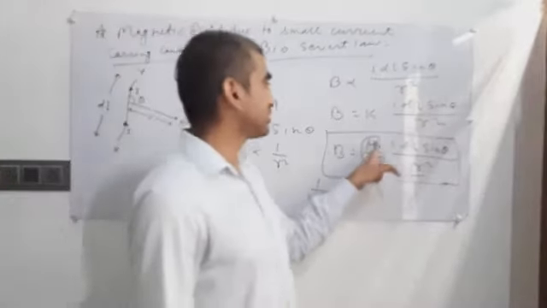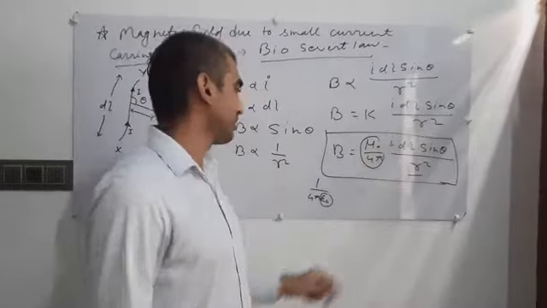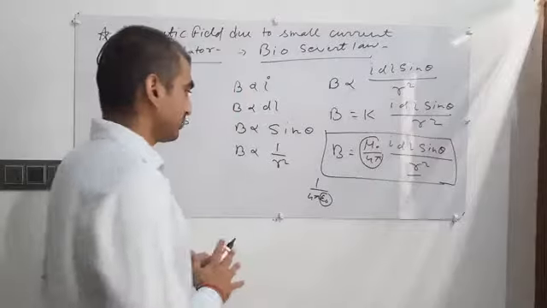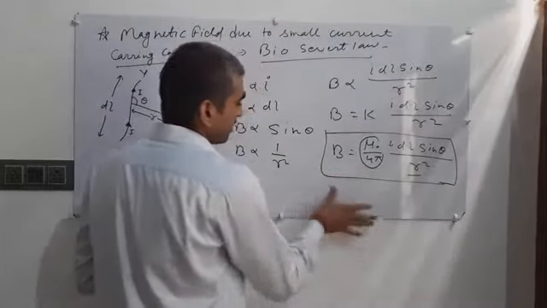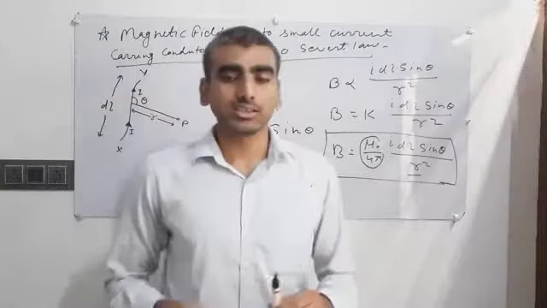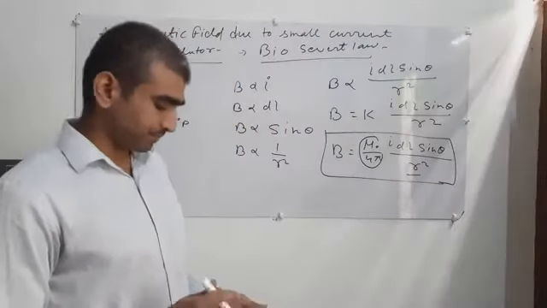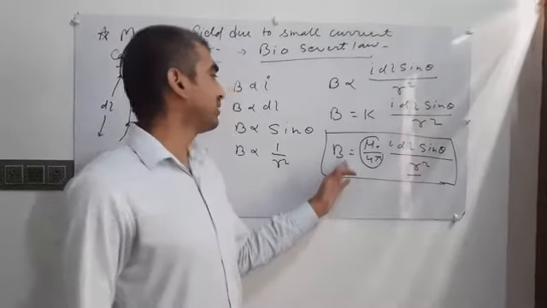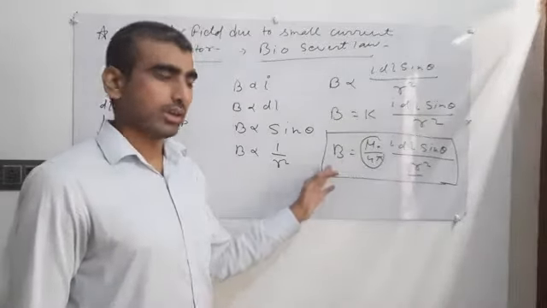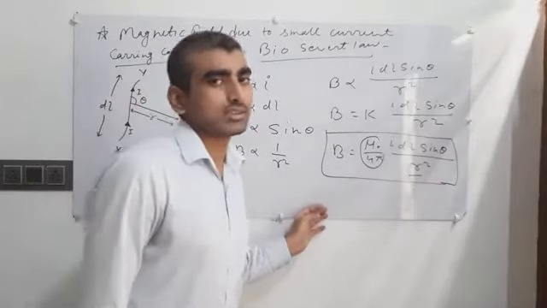And this is also the permeability of free space. That means these two laws are similar in some manners. We will discuss the similarities and dissimilarities between electrostatics and this Biot-Savart law in the next topic, in the next chapter.